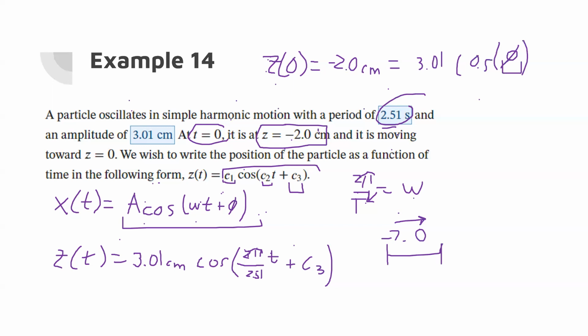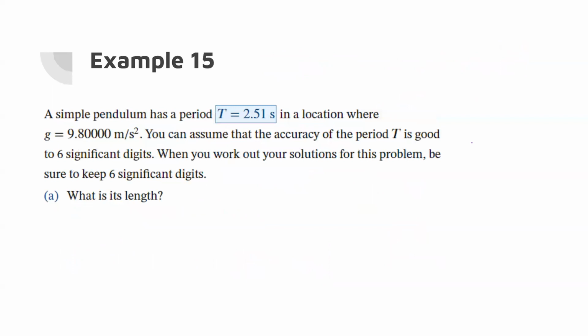That's all it's telling us. It's a little offset, it's a little behind. I don't know if you'll ever have to do anything like this on a test, but just in case, I figured I'd include it. And then this one is also a homework problem.